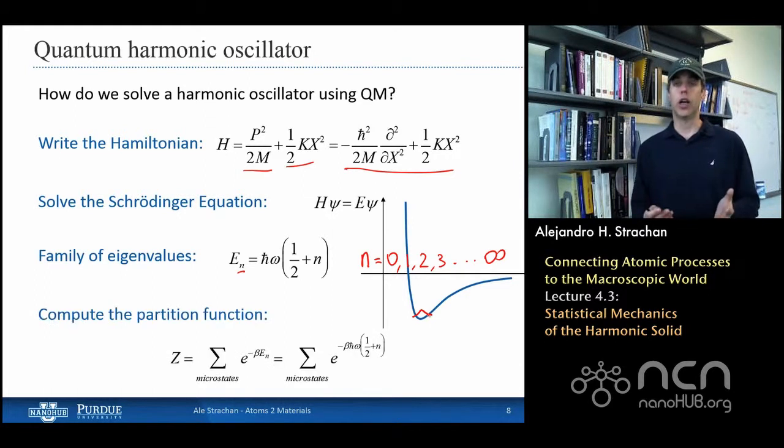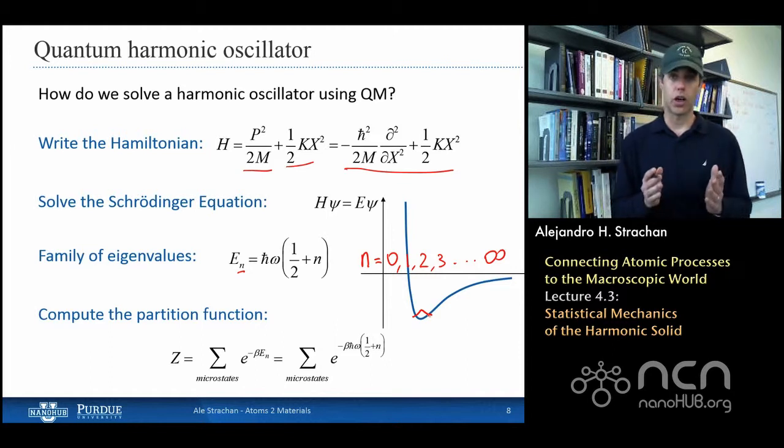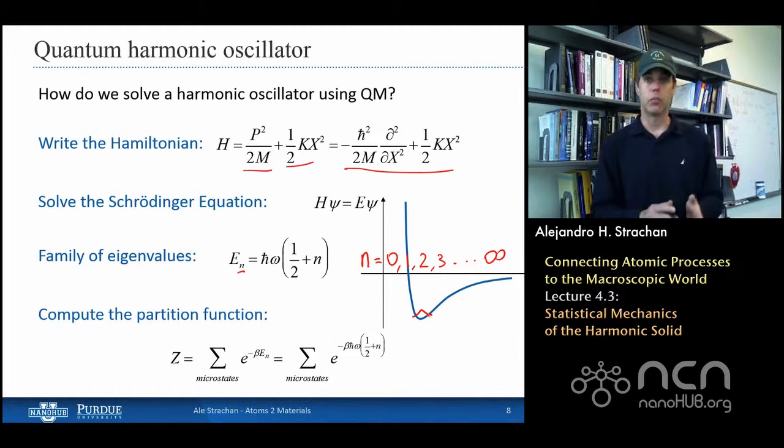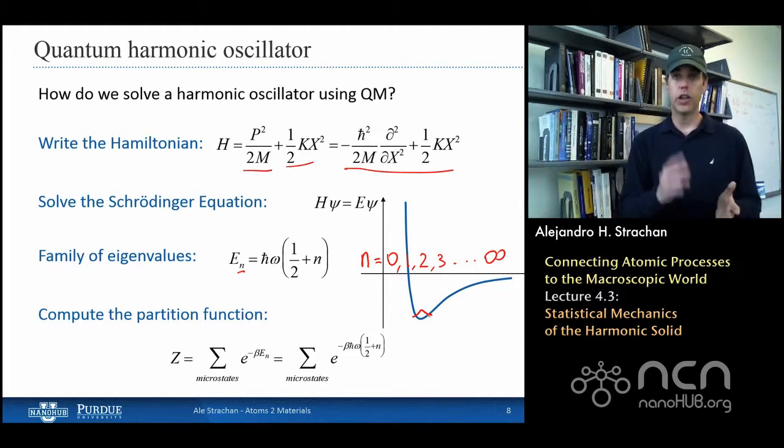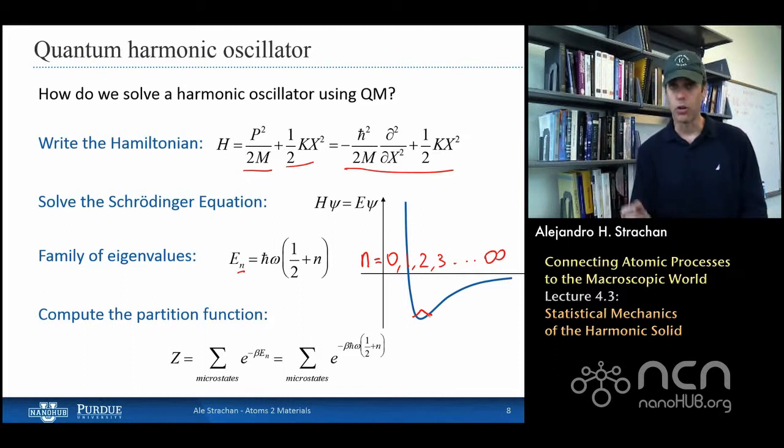Now what remains to be done is to compute the partition function. And in quantum mechanics, as in classical mechanics, the partition function is computed by summing over all microscopic states of e to the negative beta times the energy of that state. Now we know my states are n.